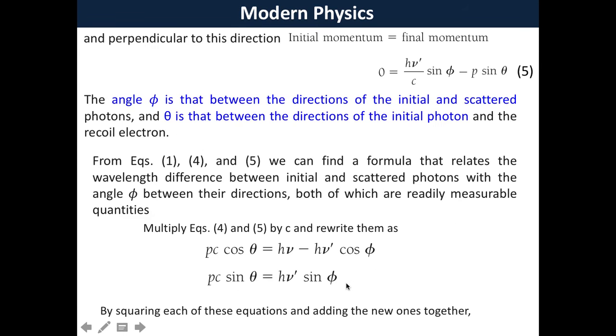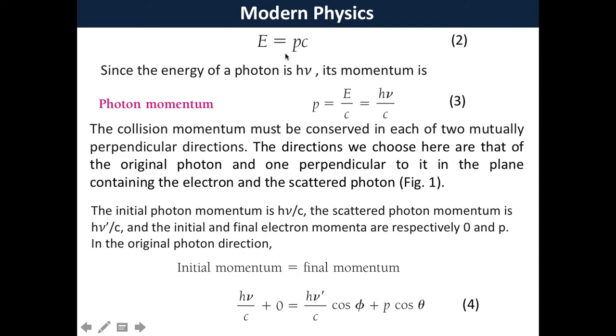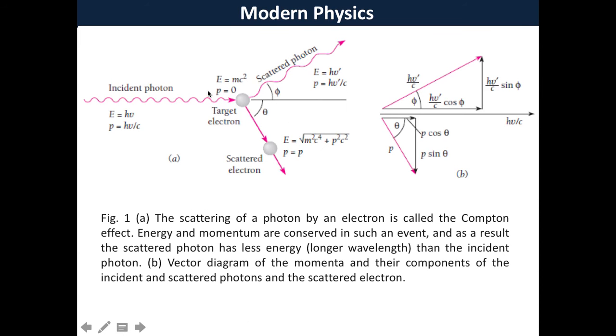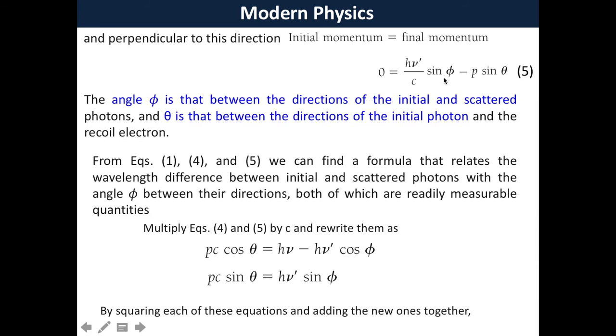In the perpendicular direction, the initial momentum is 0 and the final momentum is h nu prime by c sin phi minus p sin theta. The angle phi is that between the direction of the initial and the scattered photon.